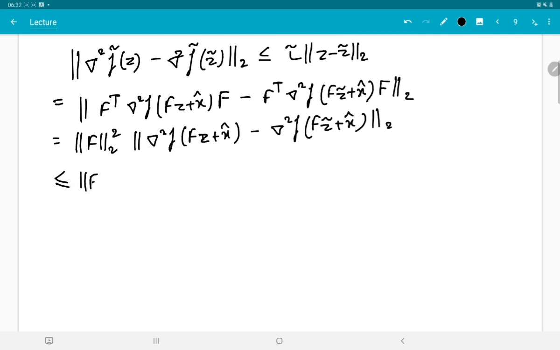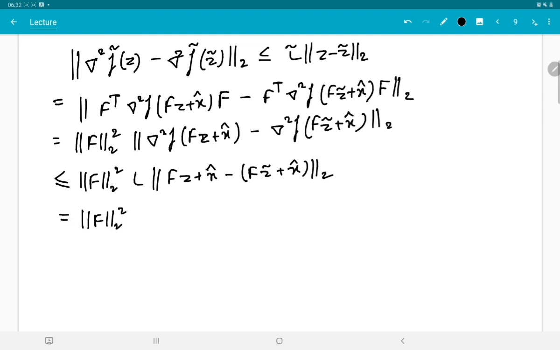So we have this thing less than or equal to some L times the norm of Fz plus x hat minus Fz tilde plus x hat, which is equal to Fz minus Fz tilde.